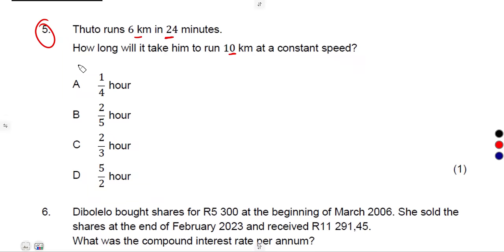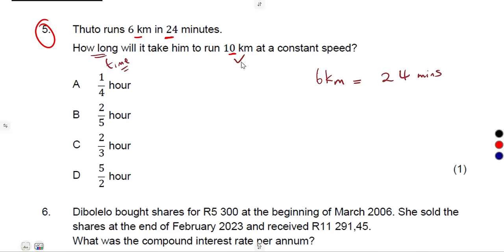If we consider this condition, this is where we can use the concept of a rate, stating that for 6 kilometers, the corresponding time is 24 minutes. So how long? We're talking about the time there.